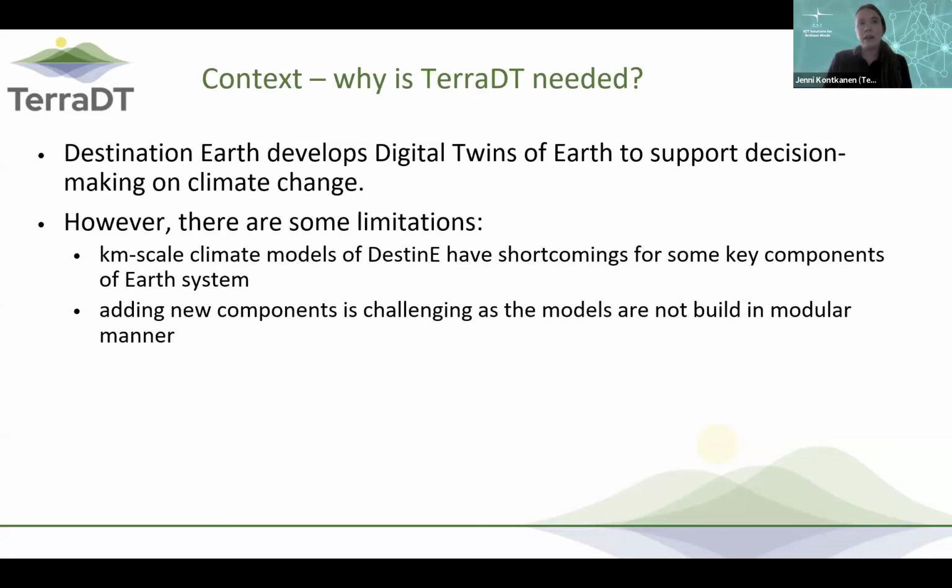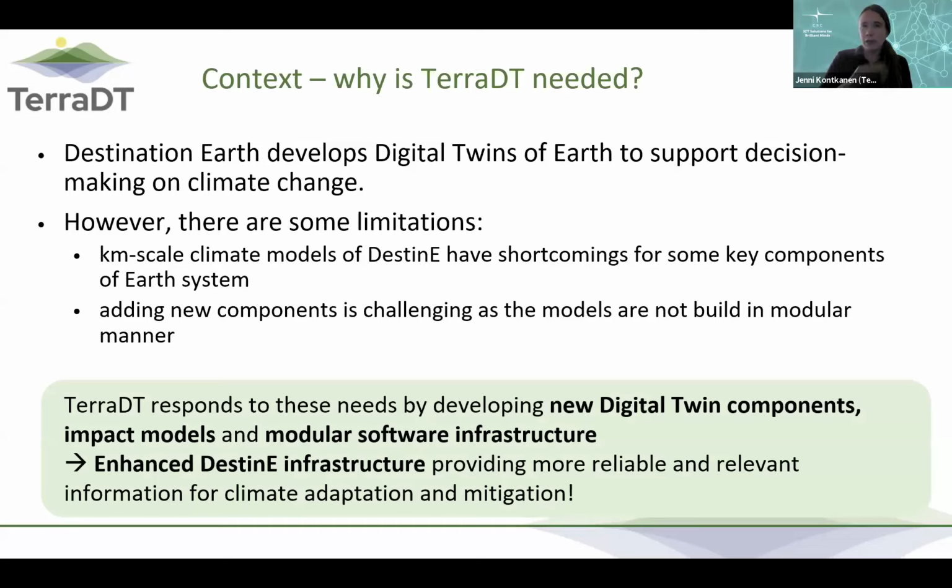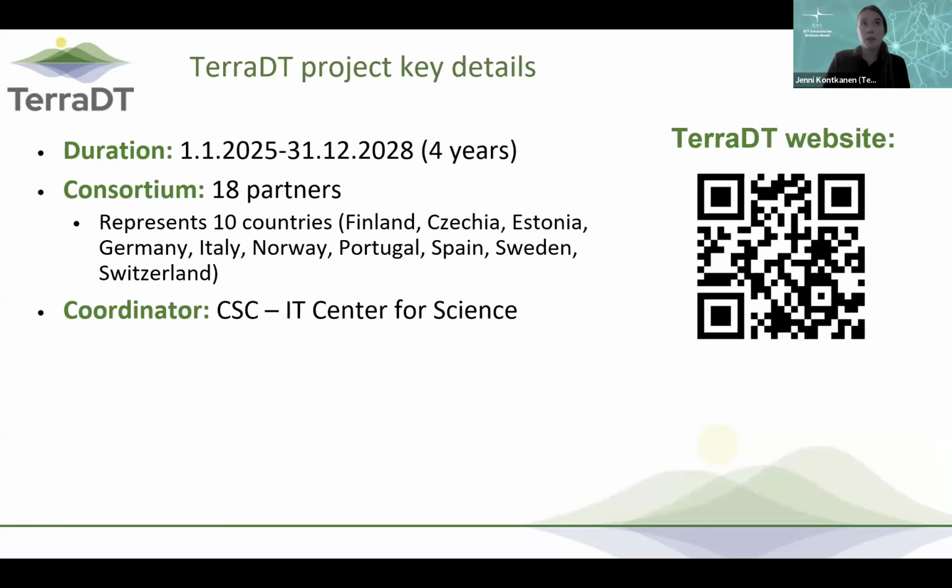In the TerraDT project, we aim to respond to these needs by developing new digital twin components, impact models, and also a modular software infrastructure that can enhance Destination Earth infrastructure, with the goal of enabling Destination Earth to provide more reliable and relevant information for climate adaptation and mitigation.